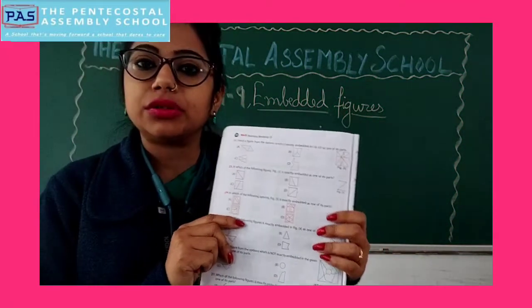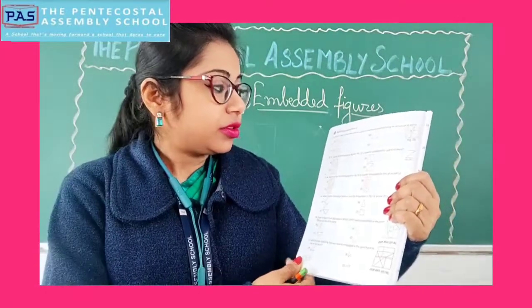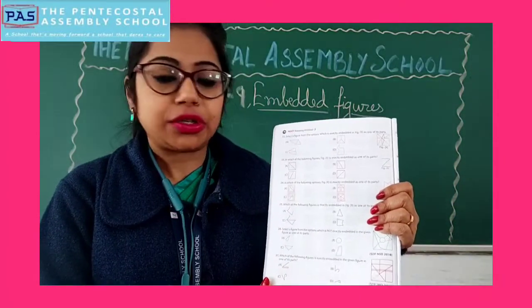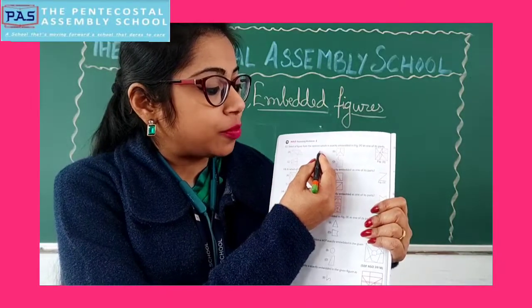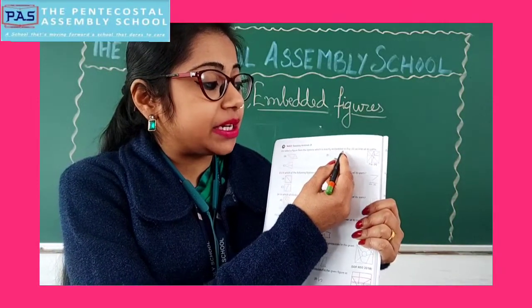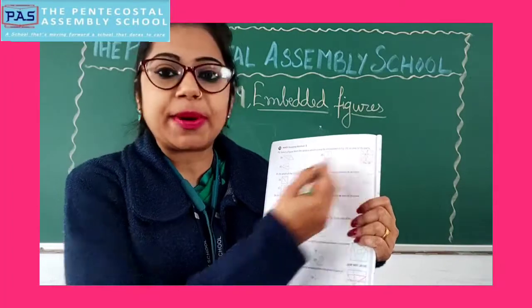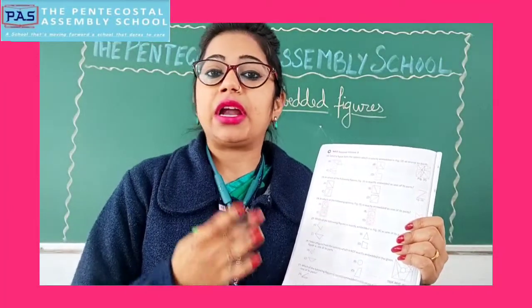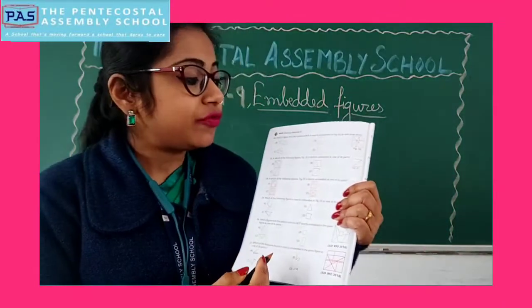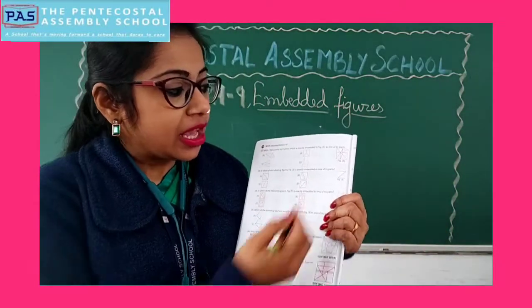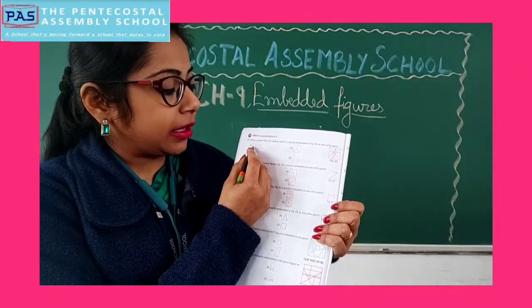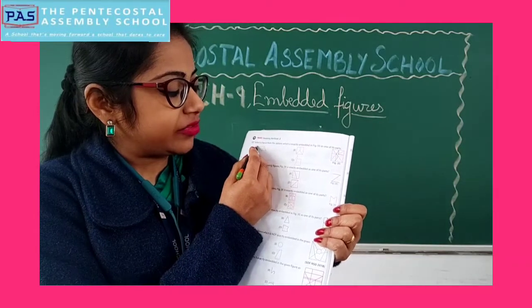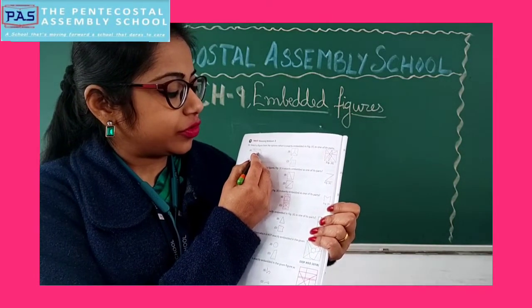Now let us turn to page number 70, question number 22. Select a figure from the options which is exactly embedded in figure X as one of its parts. Question 21 and question 22 are just the same. So you have to find out the figure. Here is your figure X. Now let us check option A. This one is a triangle and this one is also a triangle.